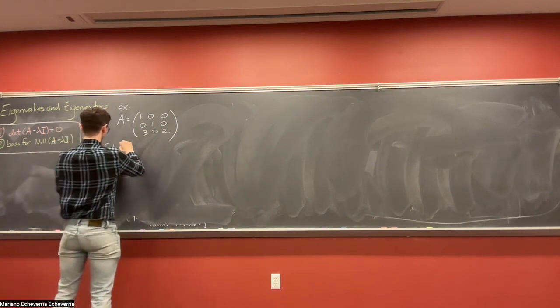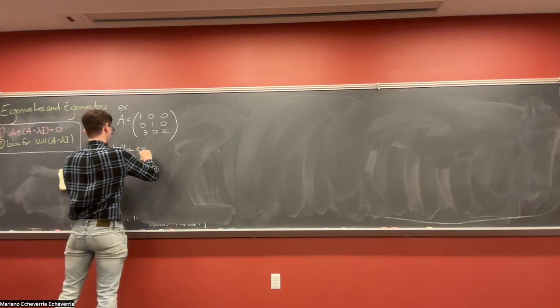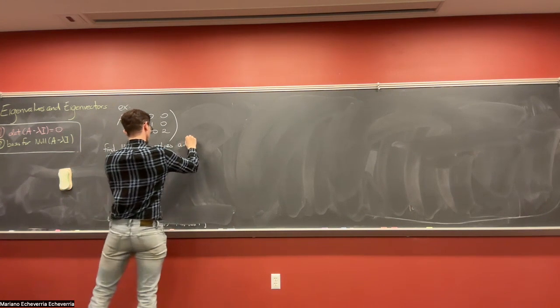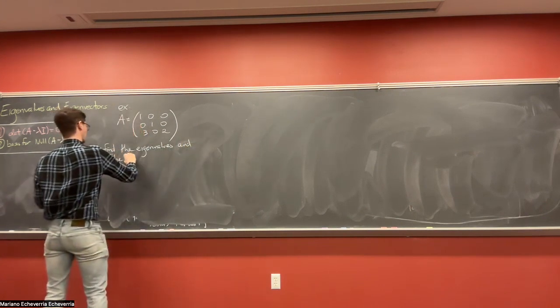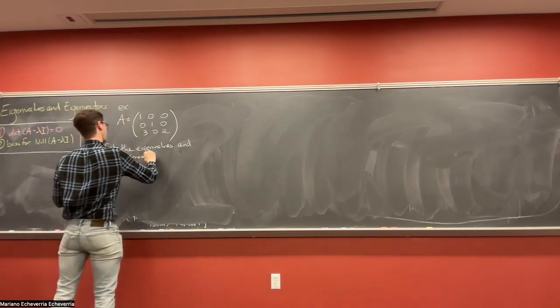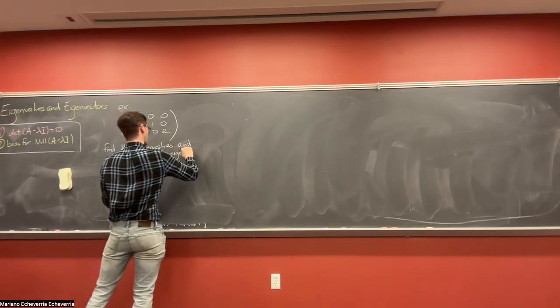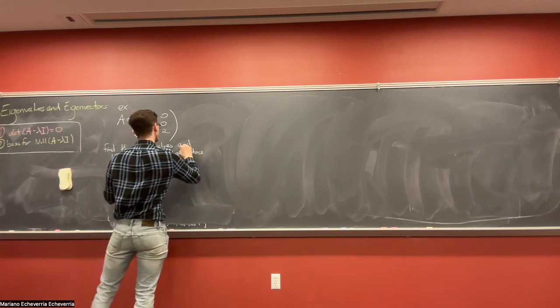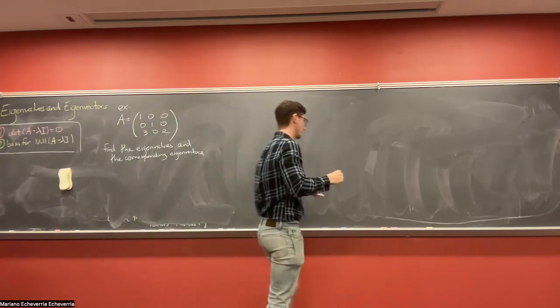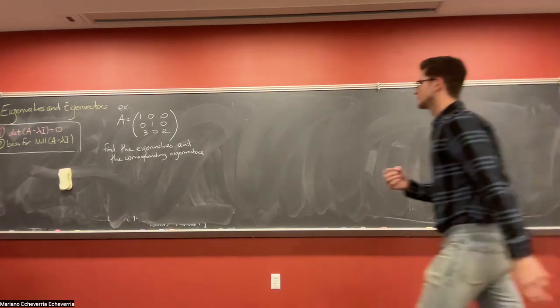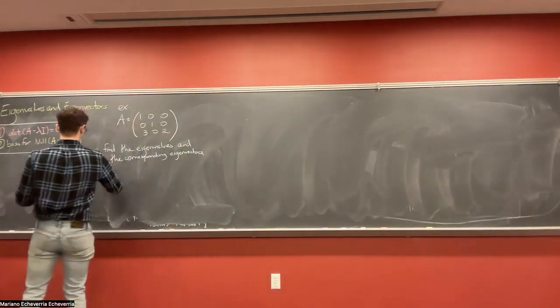Eigenvalues. Again, for doing the eigenvalues, you have to look at the determinant of A minus lambda I. So let's try to look at that.